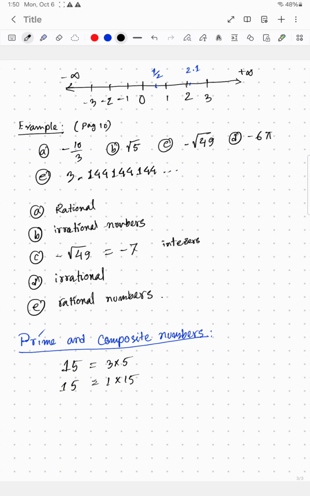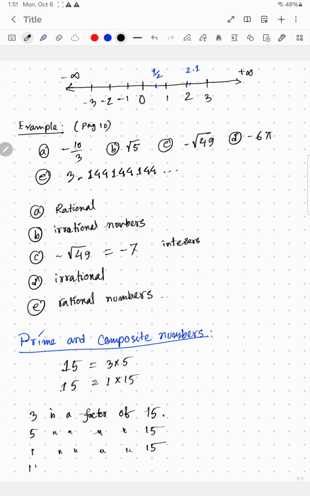So these are all natural numbers. Okay, then what we say is, let's start with 3. 3 is a factor of 15. Okay, so is 5. 5 is a factor of 15. So is 1 a factor of 15.